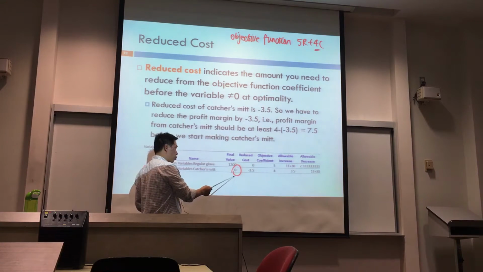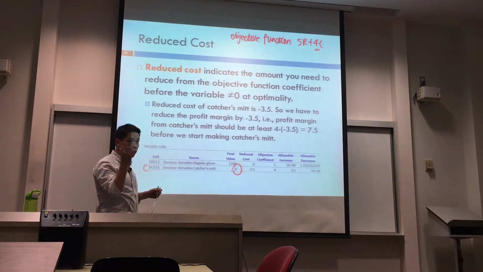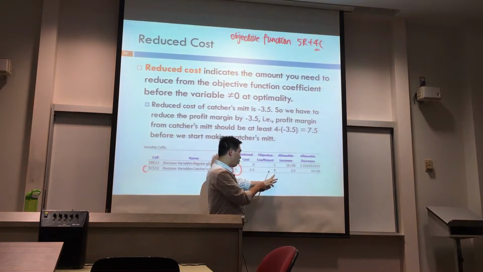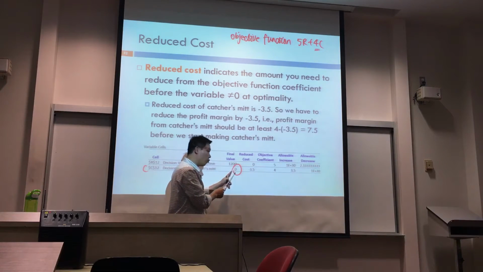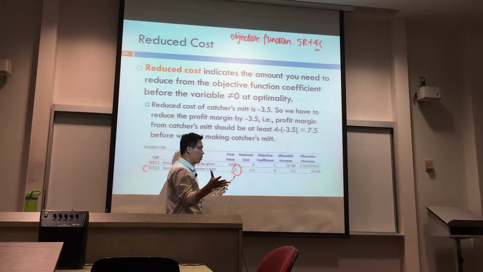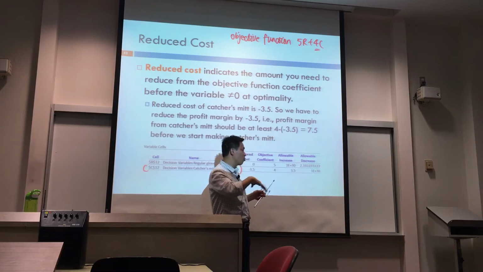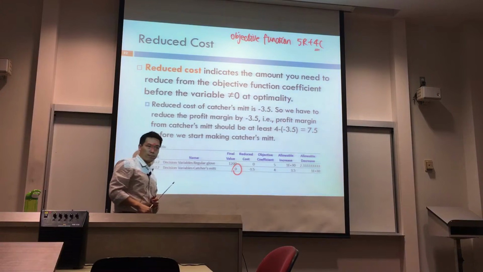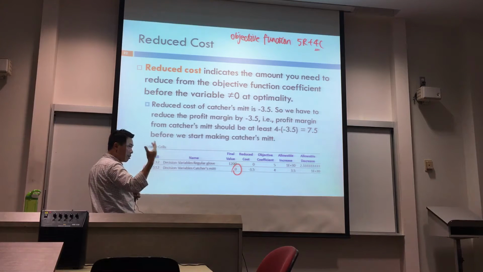You produce 0 Catcher-Smith. To make it non-zero, of course, you have to increase the profit margin, right? So here it says, if you increase the profit margin by 3.5, then this zero value is going to become non-zero. If you increase the profit by 3.5, then it starts to make sense to produce a non-zero number of Catcher-Smiths.